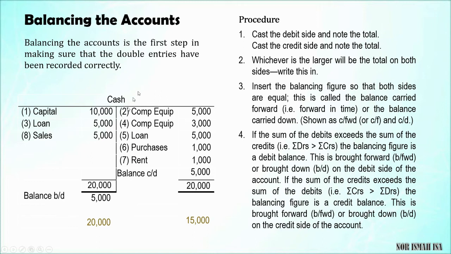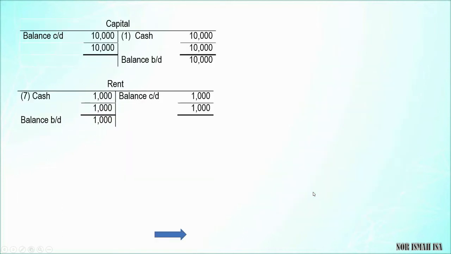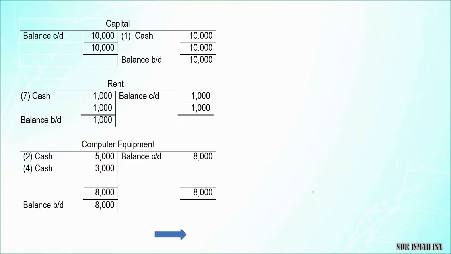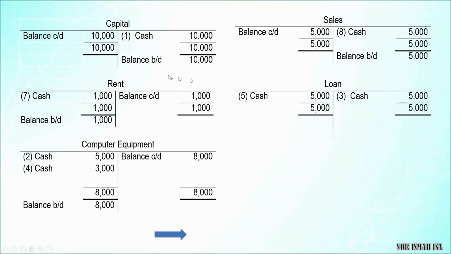Same goes if this amount is more on the credit side, then the balance should be a credit balance. So the balance C/D is only the balancing figure. This is the rest of the accounts that have been balanced. You can see that capital has the credit balance. The nature of capital increase is credit. So the balance brought down, the closing balance, should be credit.